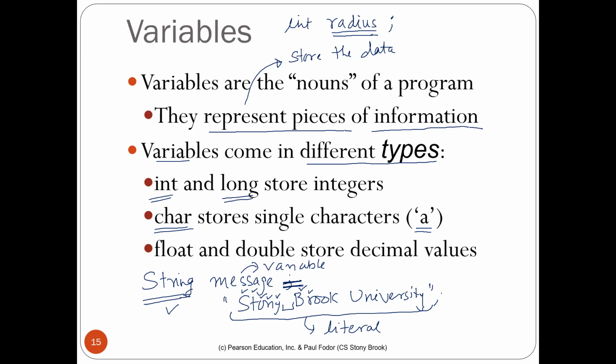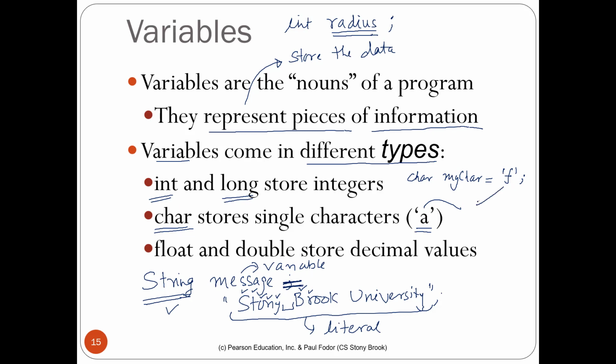Otherwise, if you want to work on one character at a time, then you should declare the variable as char. So you will say char myChar is equal to, now it is up to you, what do you want to assign? You may say 'F' is a character. Before that, what are A and F?